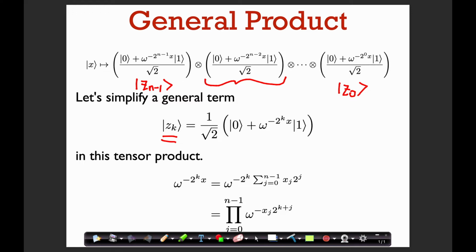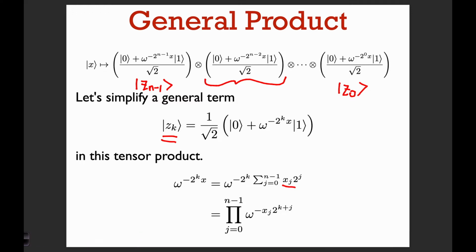This is just, again, using the binary representation of x. And now I can just absorb this factor of 2 to the k inside here. So this is a product from j is 0 to n minus 1 of omega to the minus xj times 2 to the power k plus j.